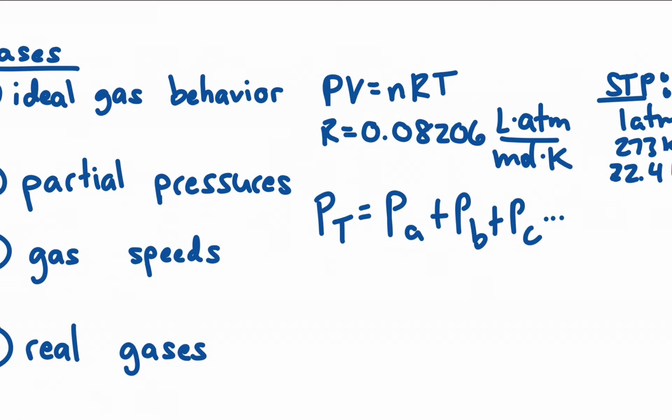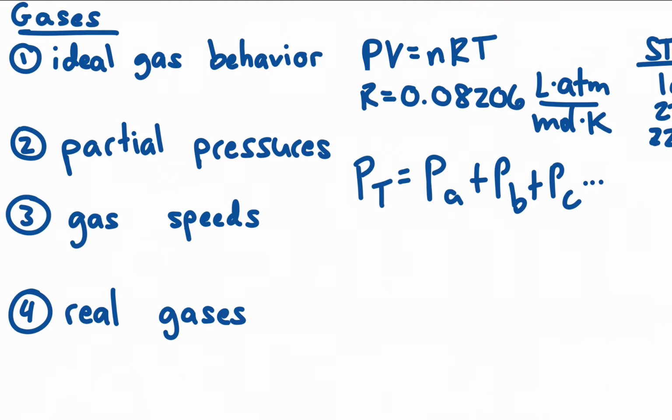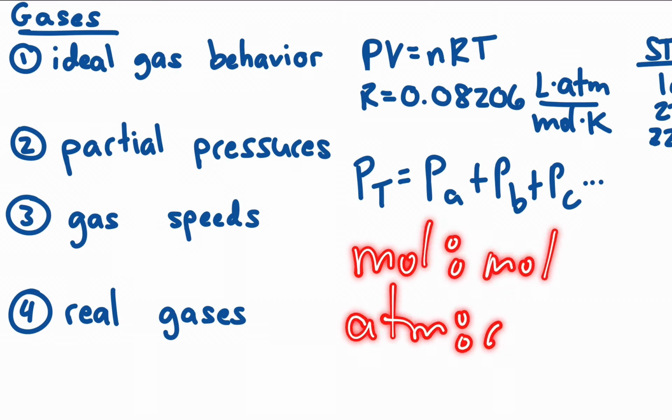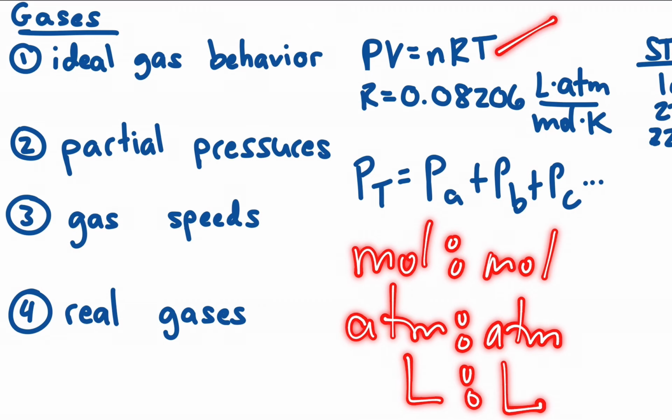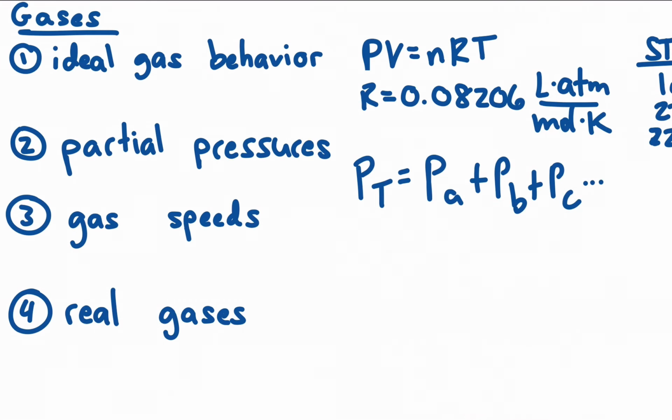But that's useful if you're doing just mixing of gases or thinking about how they react in multiple ratios for chemical reactions. Species react in mole to mole ratios, but they also react in pressure to pressure ratios for gases or volume to volume ratios, provided other things are held the same.